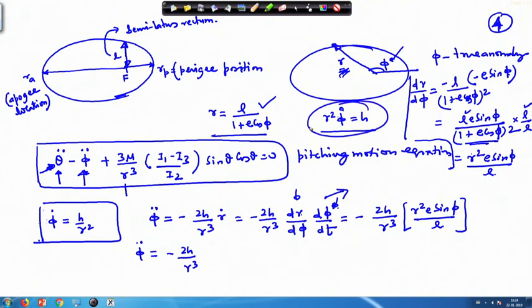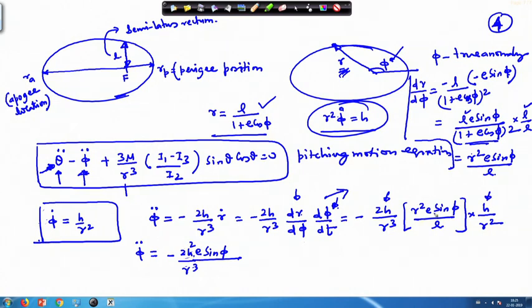So, we will pick it up from this place. That becomes h by r square. And therefore, phi double dot we can write as minus 2h by r cube, and r square will cancel out. We are left with 2h e sin phi, and here we will write h square. This h and this h makes it h square.